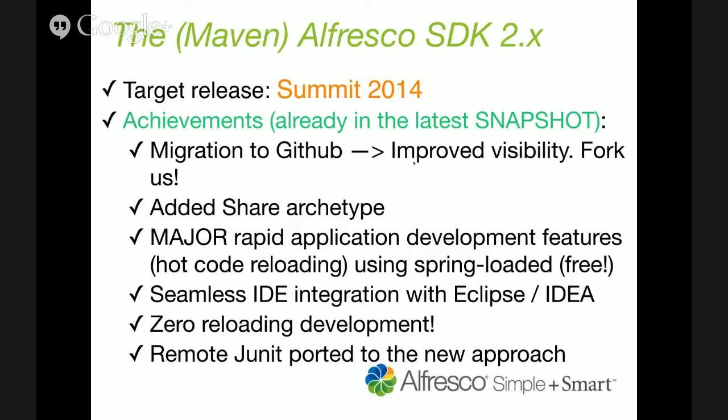We already have some achievements in trunk committed in the SDK, and I wanted to list those here. Specifically, as I mentioned, we migrated to GitHub. Ole has added a fully fledged Alfresco AMP share archetype, aside from the repository AMP archetype that you should already be familiar with if you have worked with the SDK.